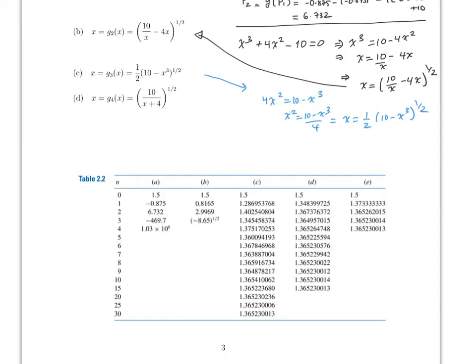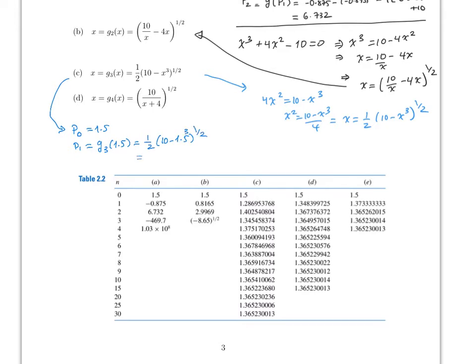Now you should check some of these values yourselves. So for example, let's say that if we use this form, we're going to start with P0 equals 1.5 again. So therefore P1 is going to be G3 of 1.5, which should be 1/2 times the square root of 10 minus 1.5 cubed.